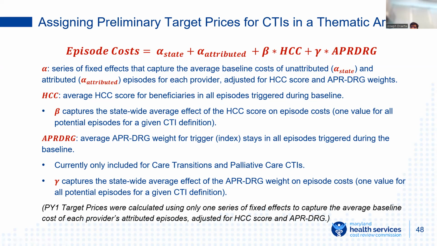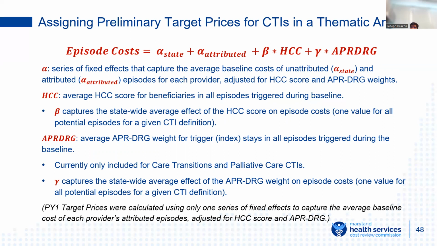The alphas represent vectors of fixed effects for each provider. The alpha state here represents a series of fixed effects for each provider, where the flag equals 1 if the beneficiary was discharged from the provider's hospital and meets all of the CTI criteria except, say, the geographic and zip code criteria, and therefore ended up not being attributed.